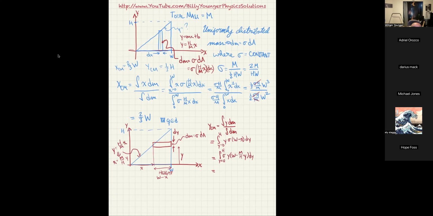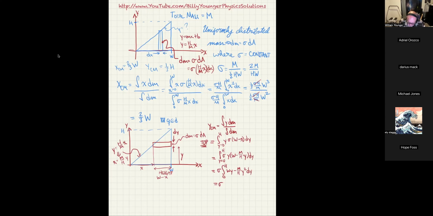Now, I didn't leave myself enough room, so I'm just going to say this is the top. Okay, so I'll work out the top and then I'll work out the bottom in a second. So now I can see that the sigma definitely comes out in front, and I'll say the integral from 0 to h of wy minus m over h y squared dy is equal to sigma. There it goes, changing the pen again. Sigma.